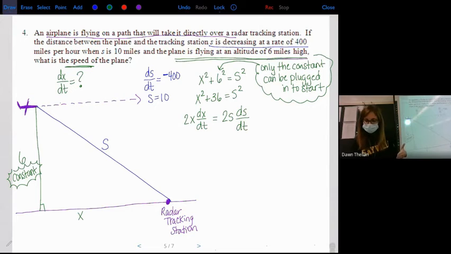But they did start me with the snapshot that s is 10. So if we were to take a picture and freeze frame this when s is 10 and this height is 6, there has to be a corresponding freeze frame for x that fits in the Pythagorean theorem when we take that picture. Does anyone know what it is without actually solving for it?